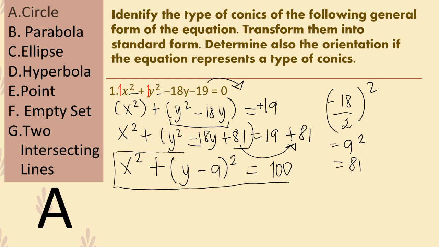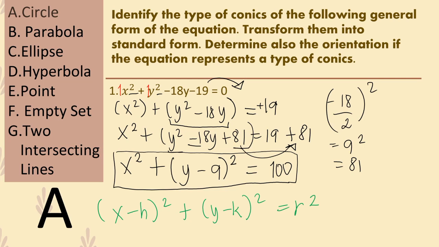Nasa standard form siya nung circle natin which is x minus h squared plus y minus k squared is equal to r squared. So, tama naman. 0 lang yung h natin. So, ang h and k natin, yung center, is at 0 and positive 9.